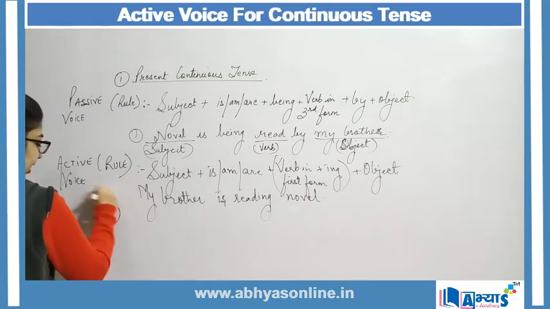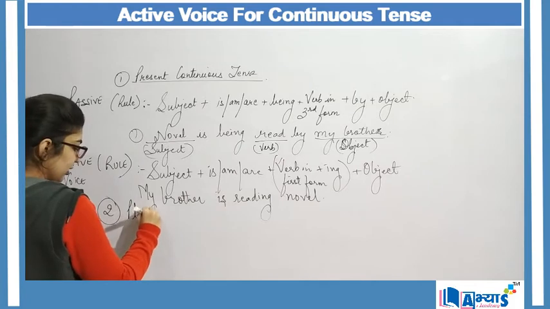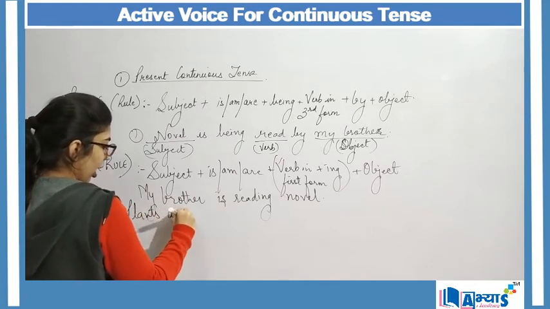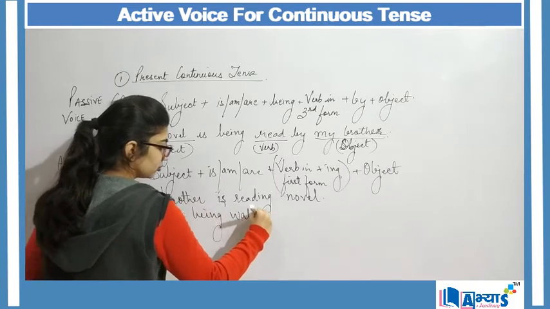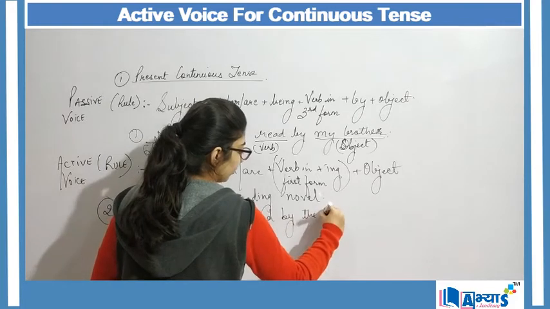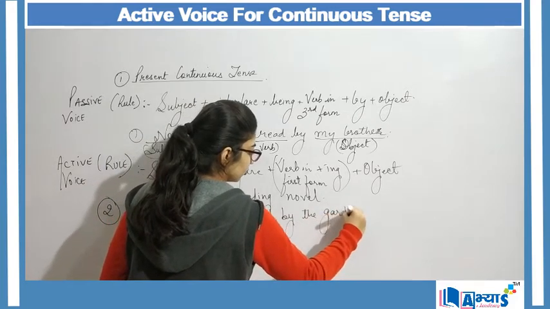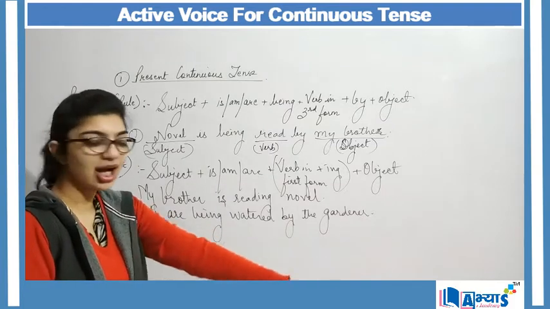The second sentence is plants are being watered by the gardener. Plants are being watered by the gardener.